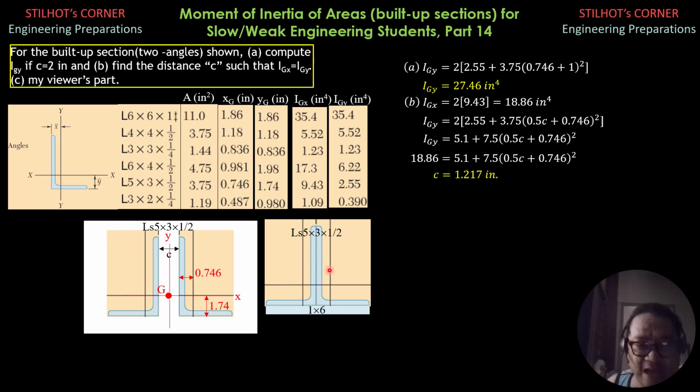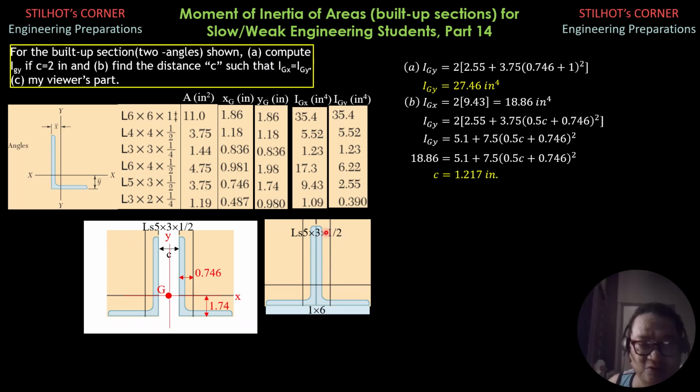So I'll solve IGY first. So IGY is 2 times quantity IGY of one angle, which is 2.55, because the angles are still 5 by 3 by 1/2. Then this is the centroidal y-axis of the entire area, because the 1 by 6 rectangular plate is also arranged in a symmetrical manner with respect to the y-axis.